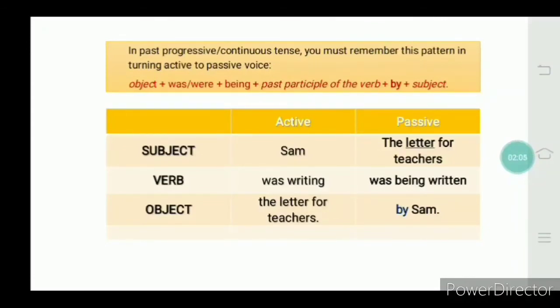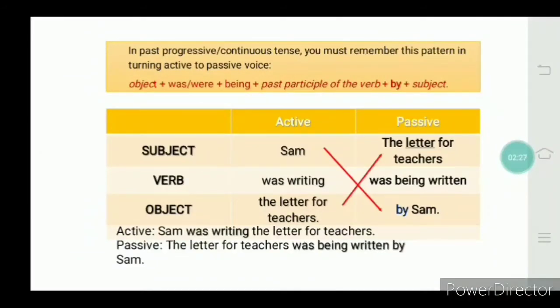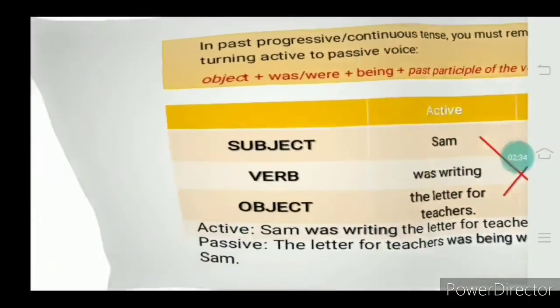The object is the letter for teachers. So again, Sam will become your object there, by Sam. Do not forget the word by. And then your object, the letter for teachers, will become your subject. So first we'll have Sam was writing the letter for teachers. And then for passive, the letter for teachers was being written by Sam.